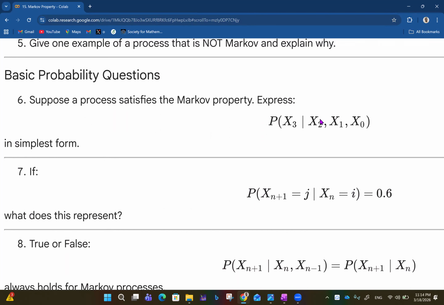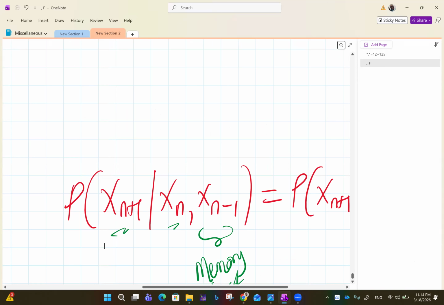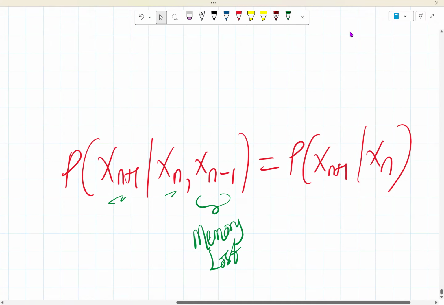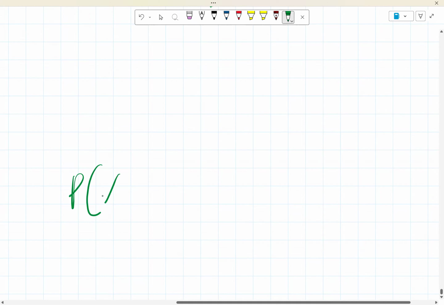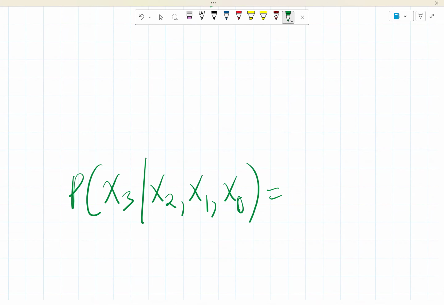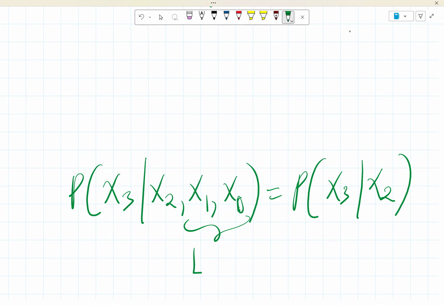Of course, if this satisfies the Markov property, that means that we have probability x3 given x2, x1, x naught. So if it satisfies Markov, that should be probability x3 given x2, and that's all, because all these are lost.